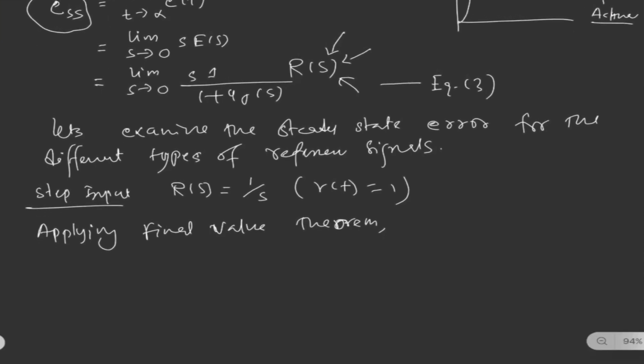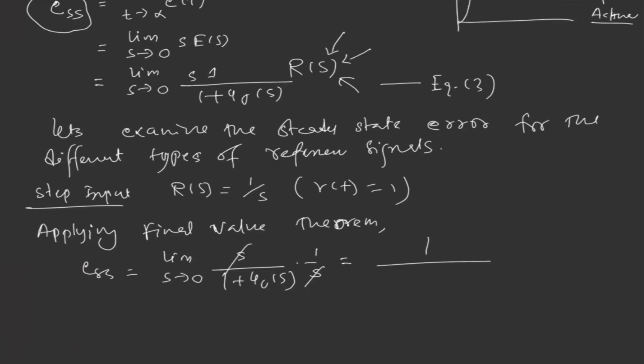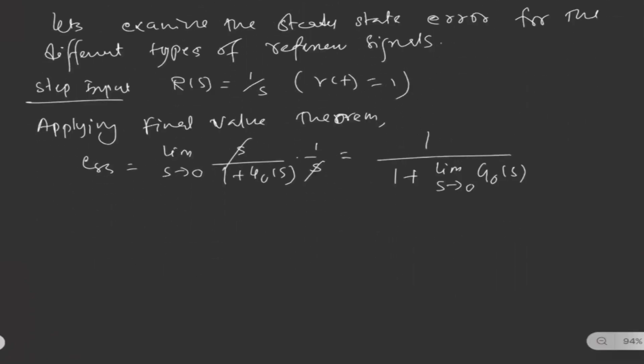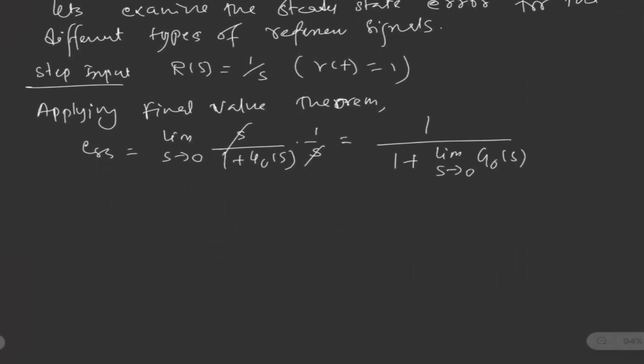ESS we can write as limit S tends to 0, S by 1 plus G naught S, into 1 upon S, because R of S equals 1 upon S. Here S is cancelled, and we can write 1 upon 1 plus limit S tends to 0, G naught S. So if you know the open loop transfer function of the system, we can get the steady state error for a reference signal.